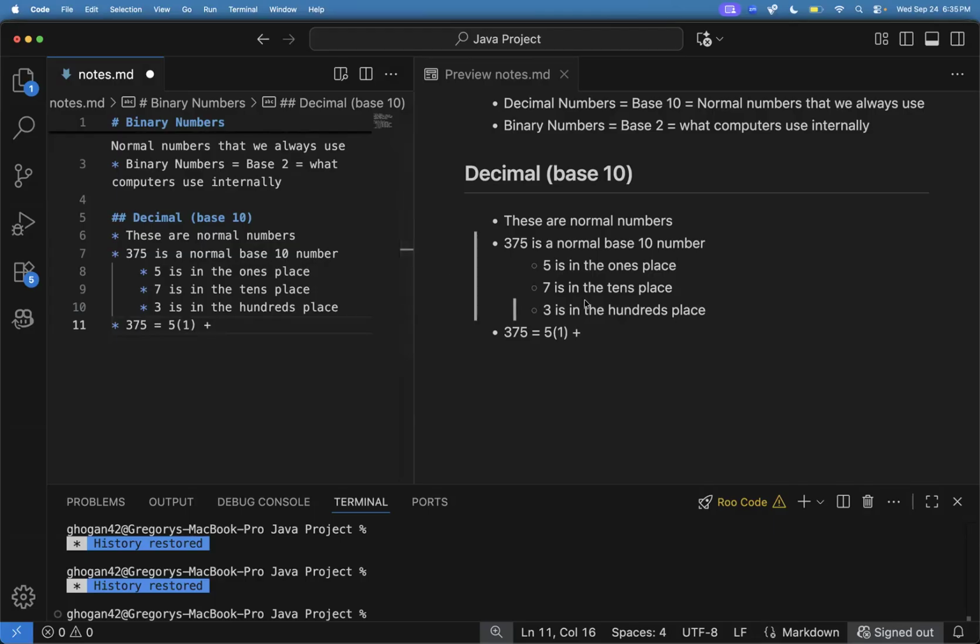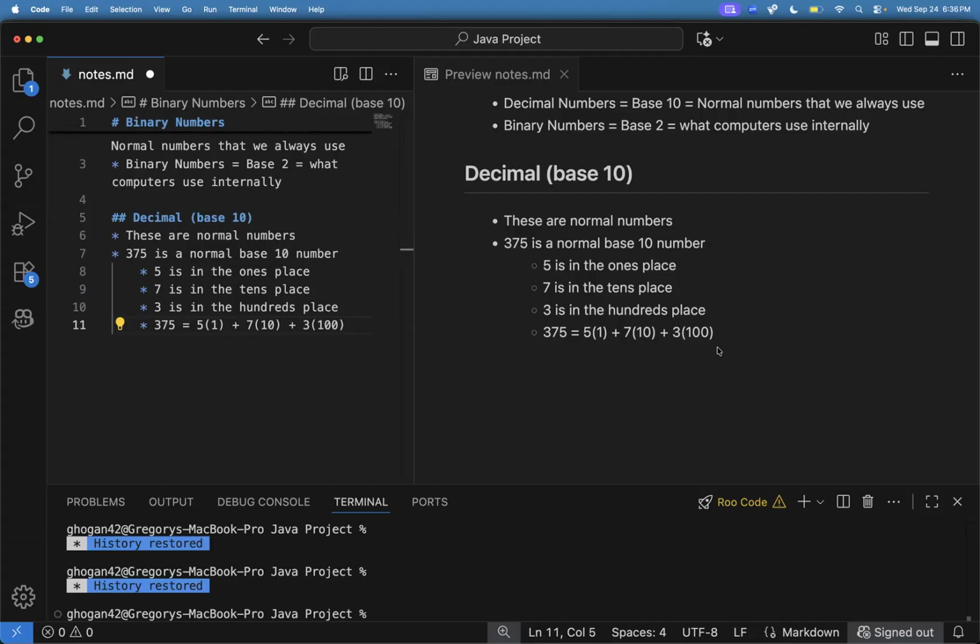Then we have 7 in the tens place, so that's 7 times 10. And then you have 3 in the hundreds place, so that's 3 times 100. Hopefully this makes sense: 375 is 5 times 1, 7 times 10, and 3 times 100.